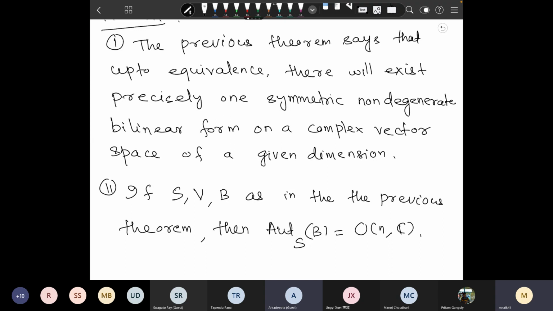If you take that identity matrix, then the group you get is O(n, C). This is the second remark.